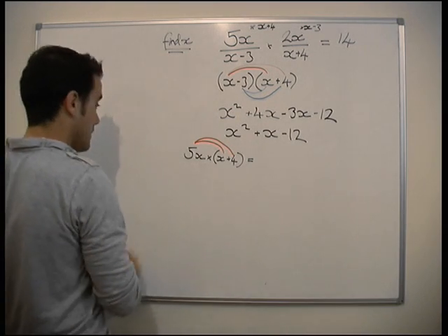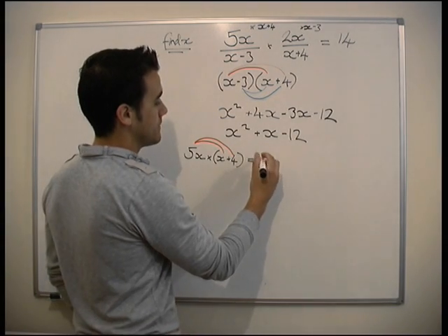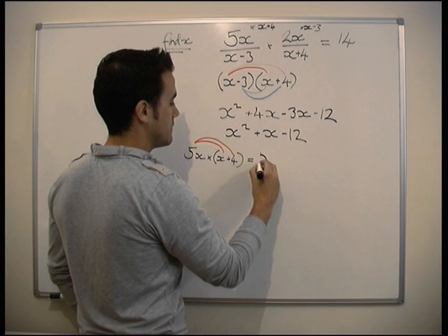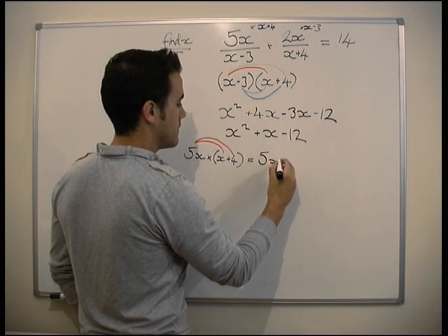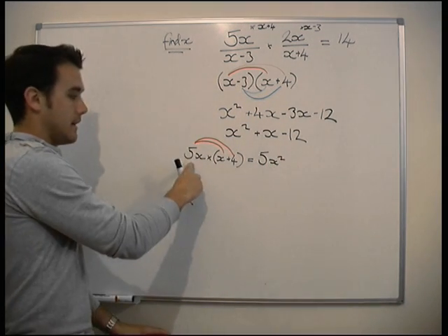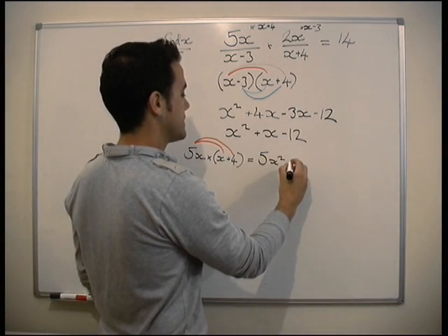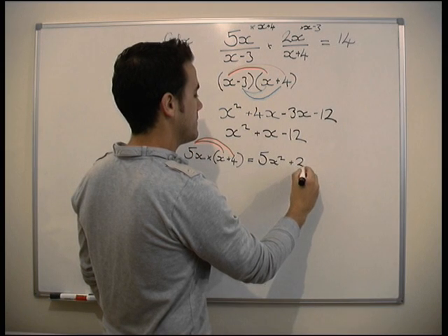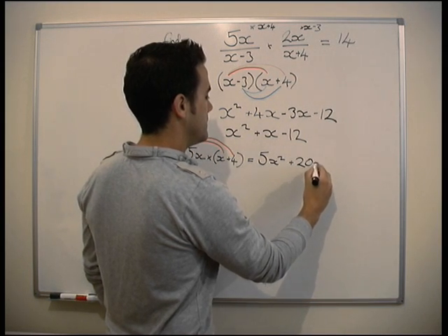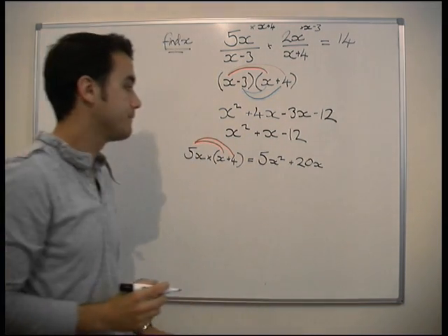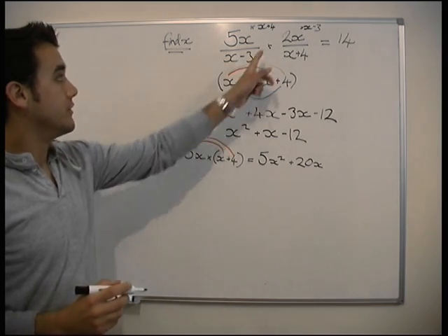So first, 5x times x gives us 5x squared, and 5x times 4 is going to give us 20x, so plus 20x.